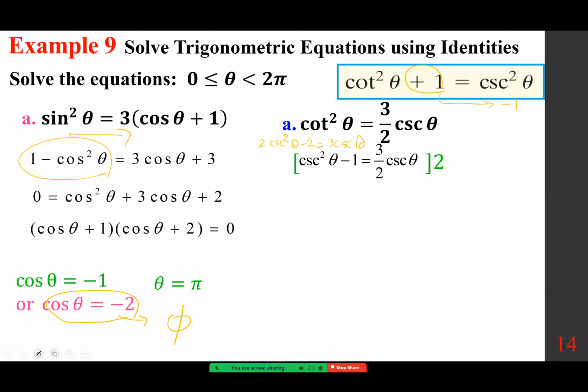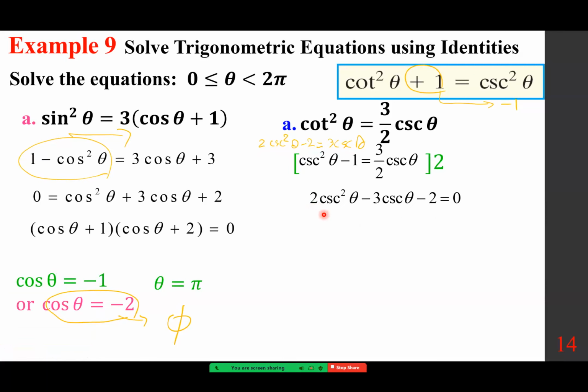And now I'm going to move everything to the left. So 2 cosecant squared theta minus 3 cosecant theta minus 2. And again, factoring. There's a lot of factoring involved, and 2 again is a prime number, so 1 and 2.